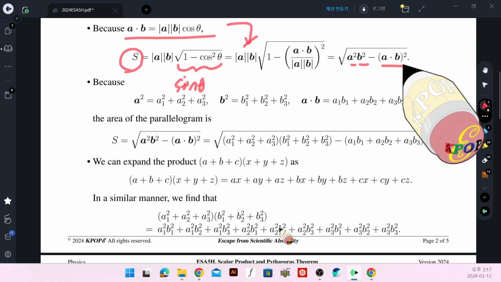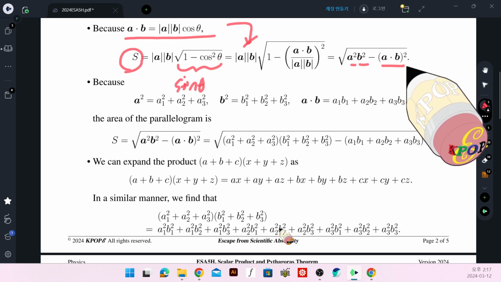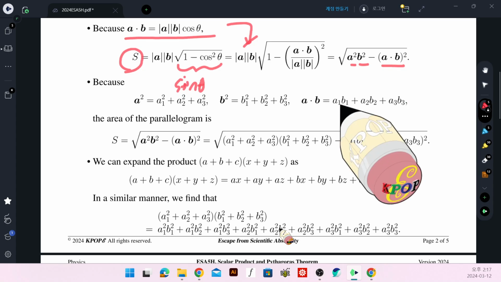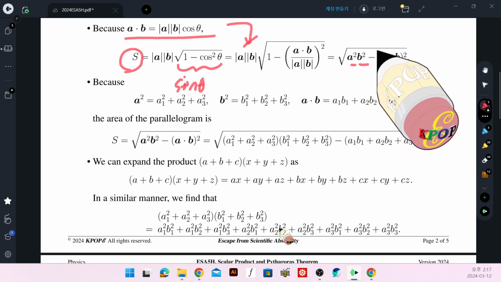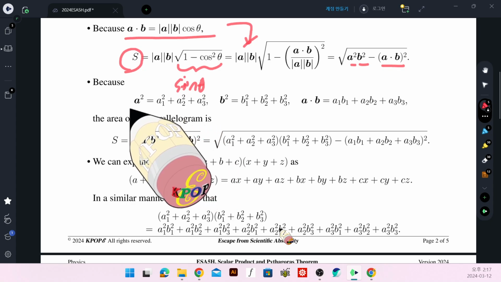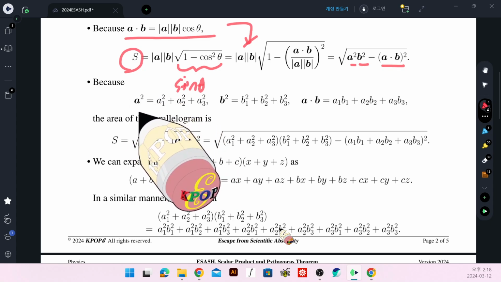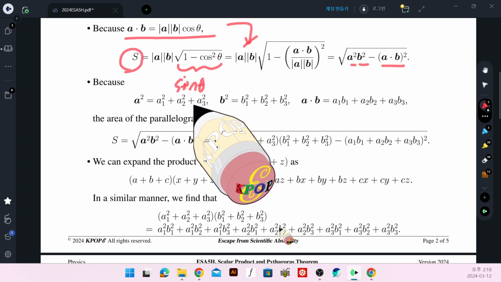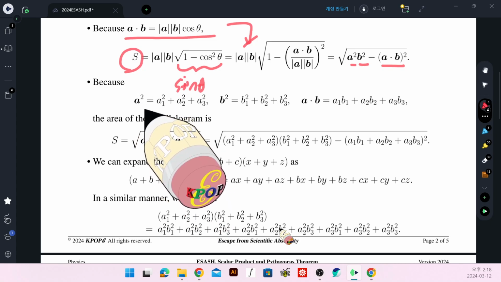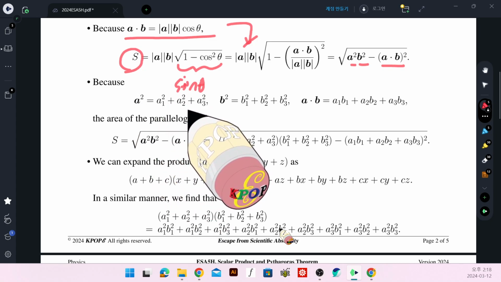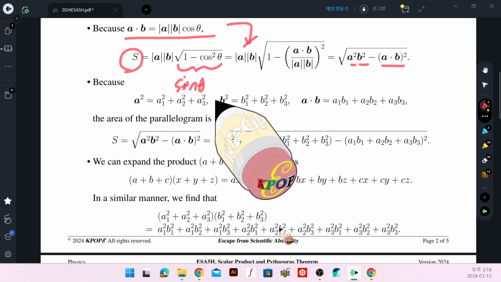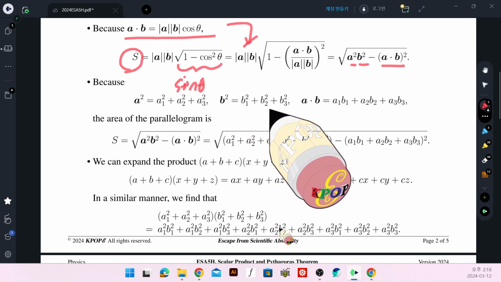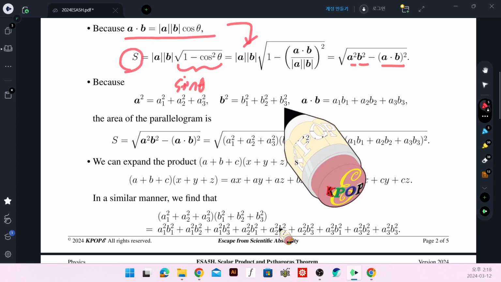We further simplify this expression by making use of Cartesian coordinates. According to the Cartesian basis vectors, the square of any vector is the sum of the squares of the Cartesian coordinates. So a squared is a1 squared plus a2 squared plus a3 squared. B squared is b1 squared plus b2 squared plus b3 squared.